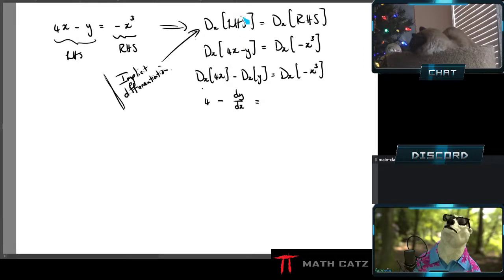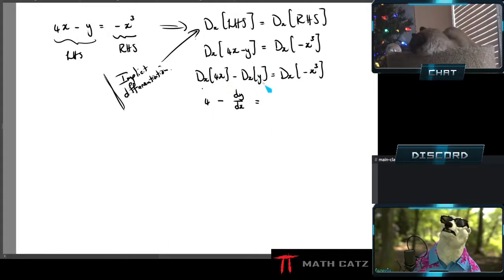I then go about my business, filling in the left-hand side. We're back here, filling in the right-hand side, and then just go to my derivative properties that I already know. There's no new derivative properties at this stage. Now here, when I look at the derivative of 4x, basic properties, 4.